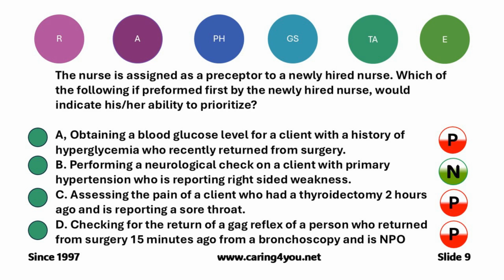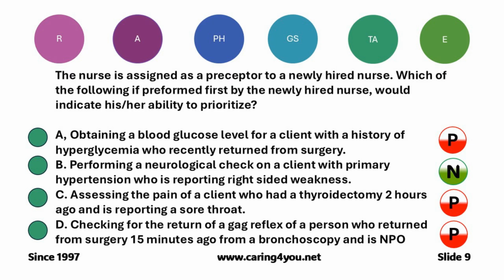This is happening now. C, assessing the pain of a client who had a thyroidectomy 2 hours ago and is reporting a sore throat. Okay, we already know we have to take action. We already gave this client a green circle or a TA. So we are taking action.